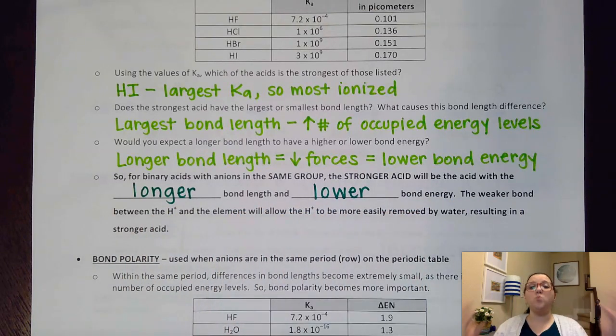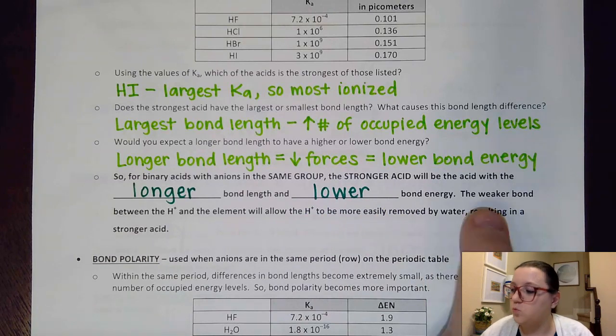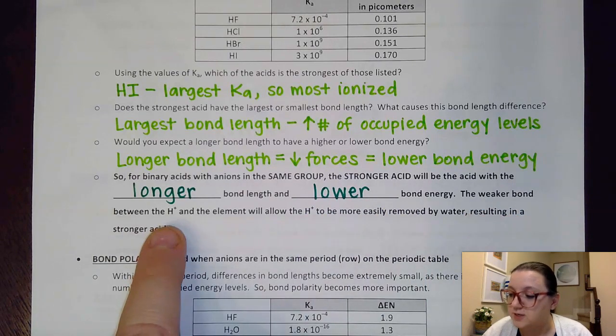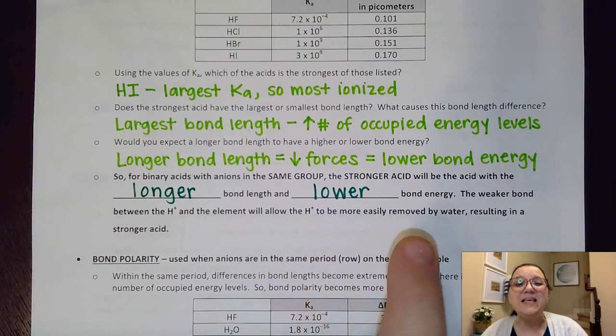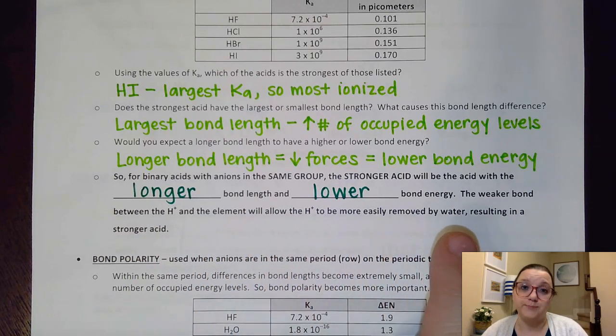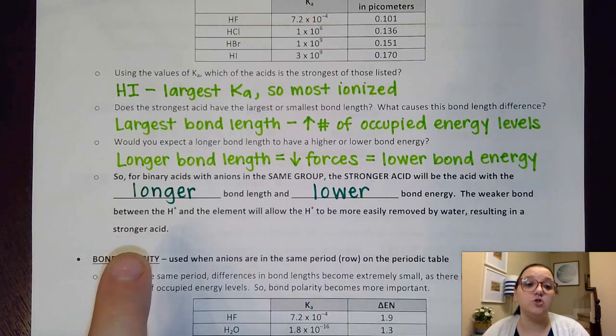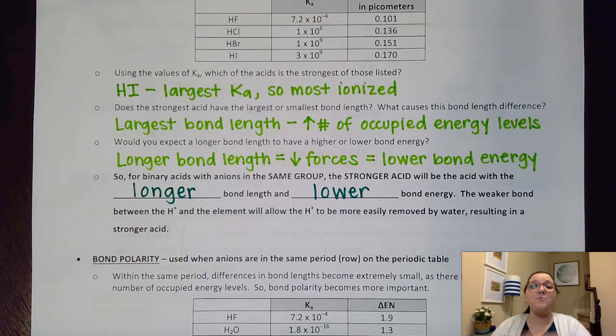The reason why is because the weaker bond between the hydrogen and the element will allow the hydrogen to be more easily removed by water, and that will result in a stronger acid. Remember, I want more of that H to be capable of being removed in order to be stronger. And so if that bond is weaker, that hydrogen can be plucked off by water more easily and create more ions in my solution.